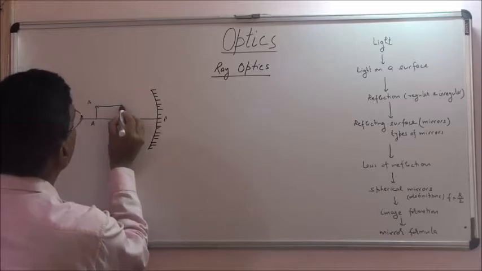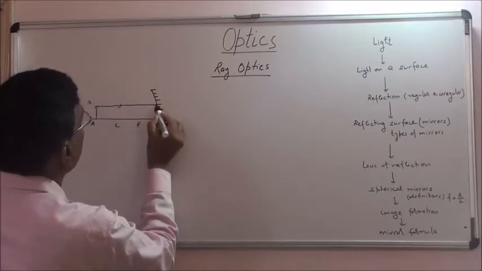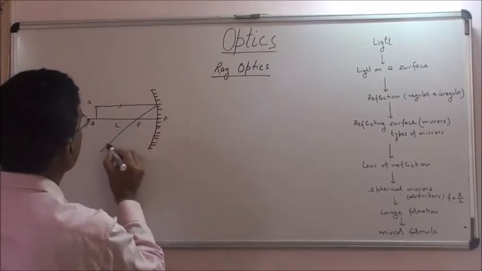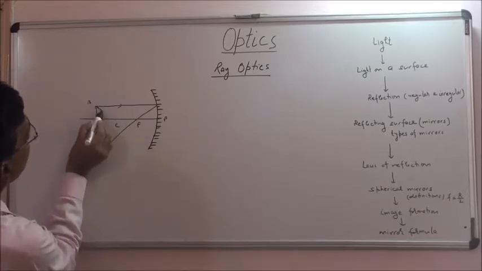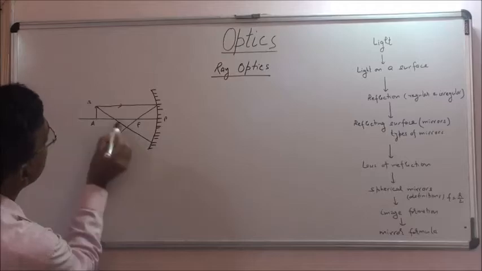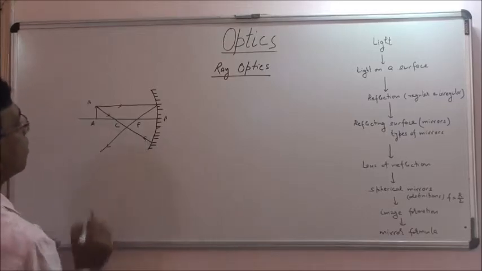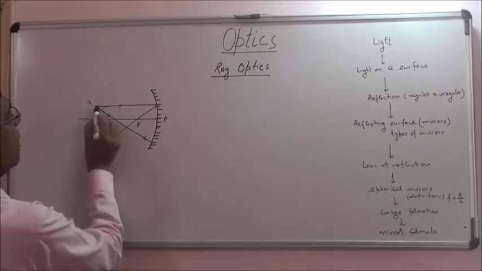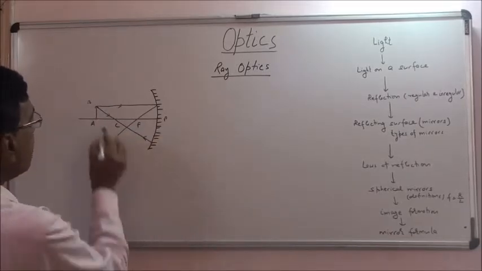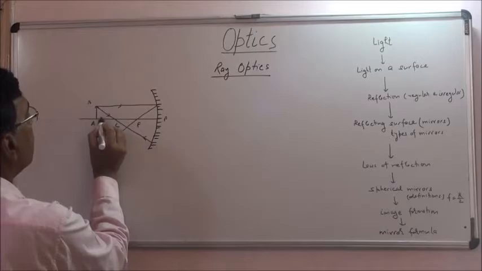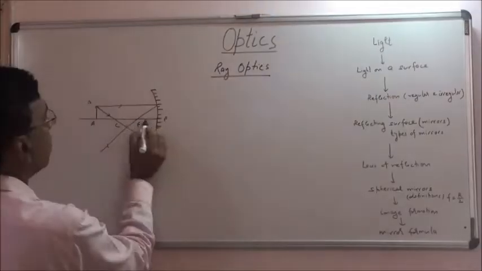So a parallel ray will pass through focus. If I take one light ray from center of curvature, it returns. I may take another passing through F and then it becomes parallel.